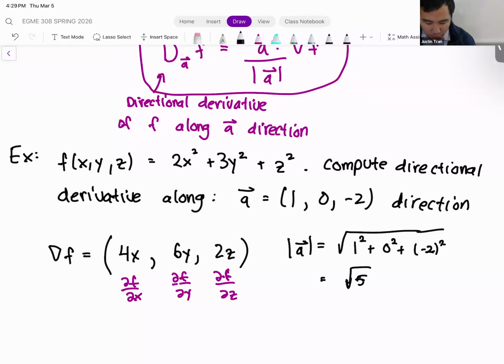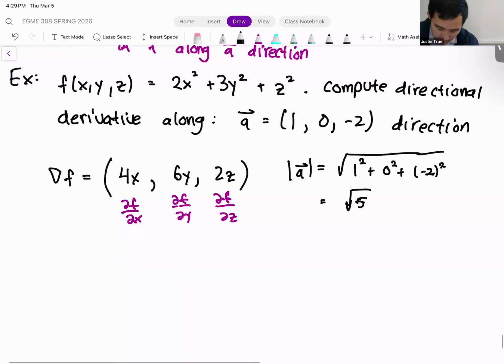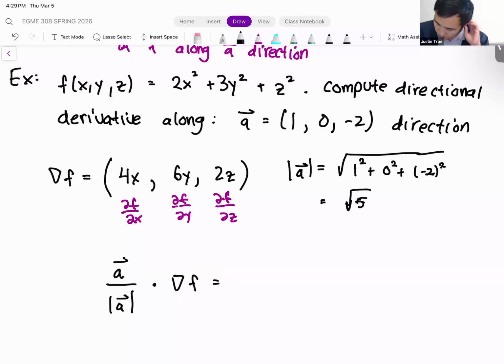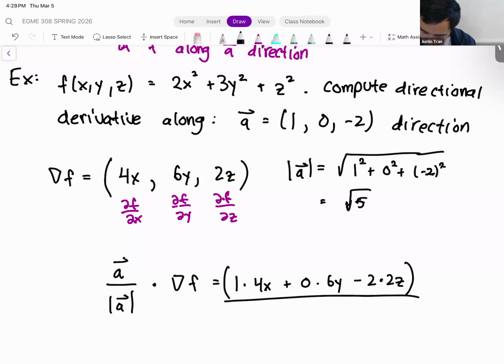All right, and so last thing we need to do is take our dot product. So we're going to take the dot product of a divided by its magnitude with the gradient of f. We go ahead and apply this. And so we're going to have 1 multiplied by 4x plus 0 multiplied by 6y minus 2 multiplied by 2z, everything divided by root 5.